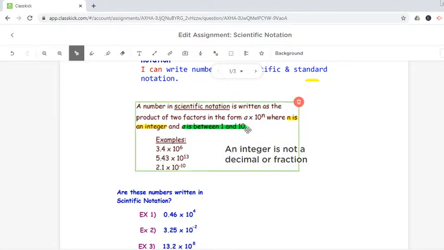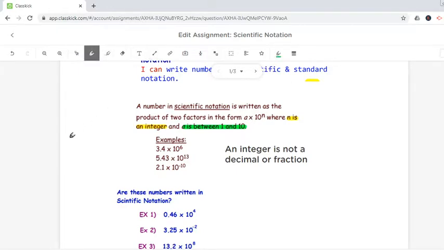So a, see 3.4. 3.4 is between 1 and 10. So you have, let's say, 1, and this is 10. 3.4 is about right here. So 3.4 is between 1 and 10. 5.43.